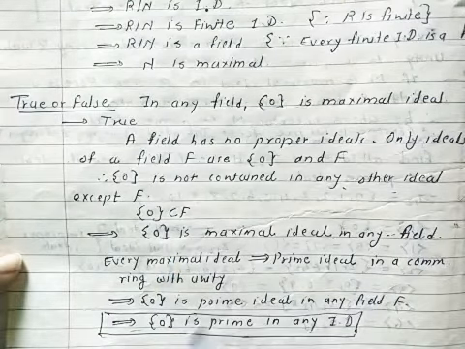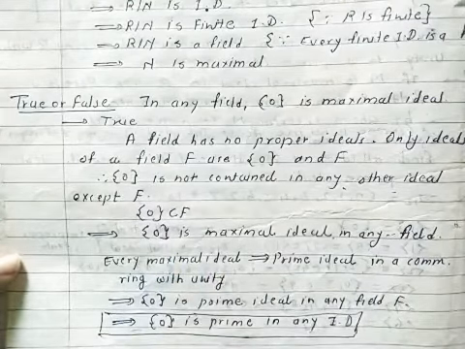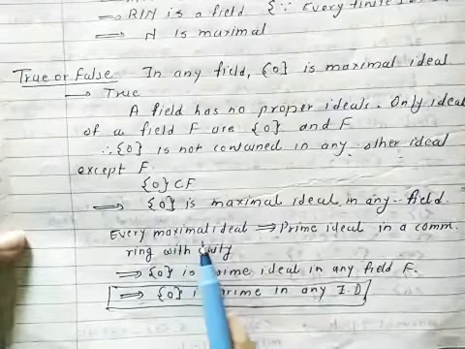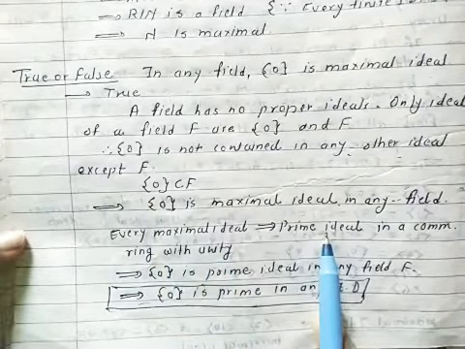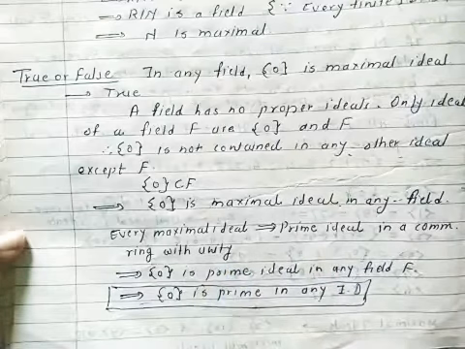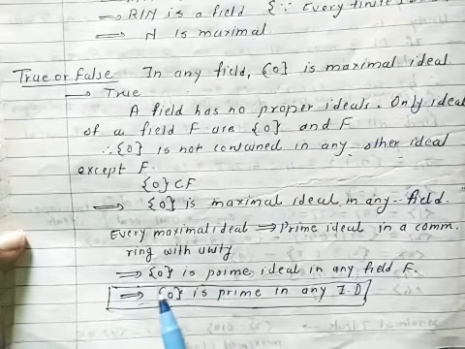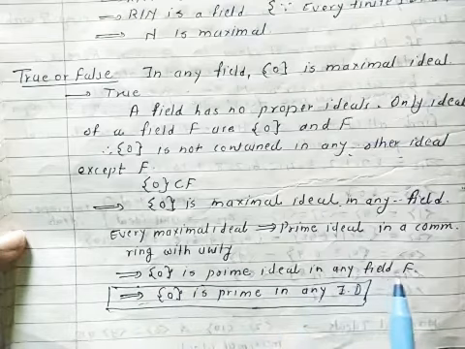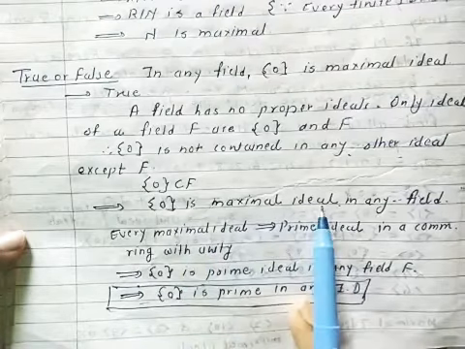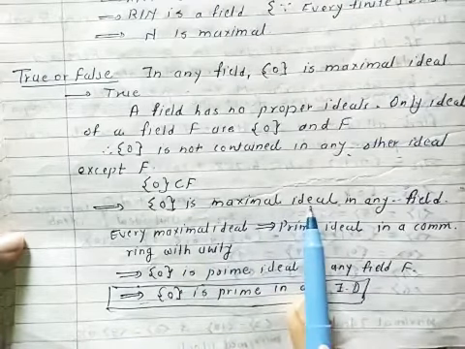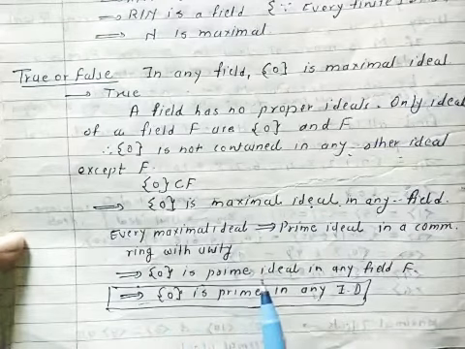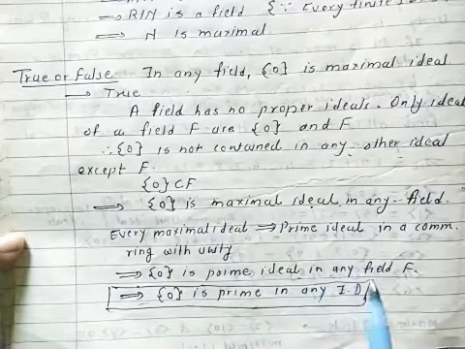Next, from this statement we can conclude, since we know that every maximal ideal is a prime ideal in a commutative ring with unity, that 0 is a prime ideal in any field. Here 0 is a maximal ideal, and every maximal ideal is a prime ideal, so 0 is a prime ideal in any field.